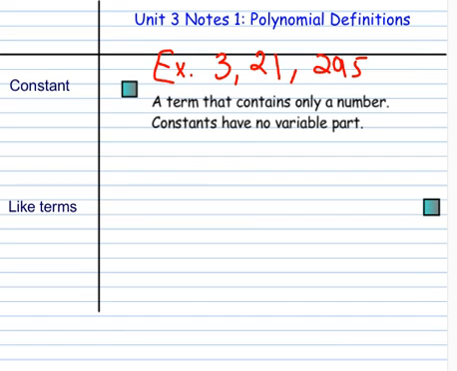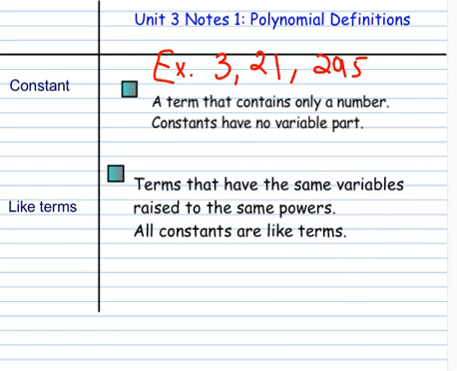Like terms. Like terms are something that I've used before. We should have these all pretty much figured out. But we're going to talk about it. So 7x and 6x are like terms. 8ab and 5ab are like terms.